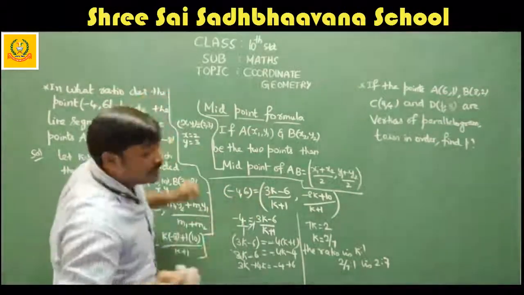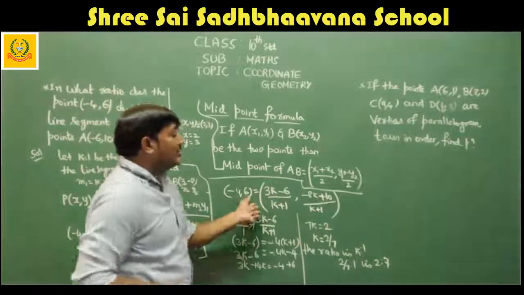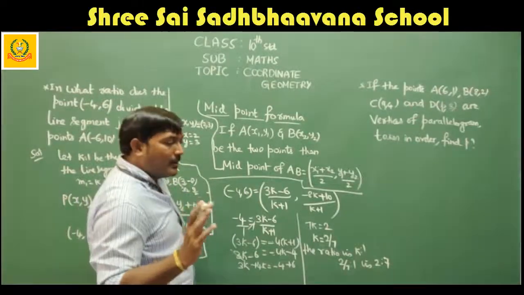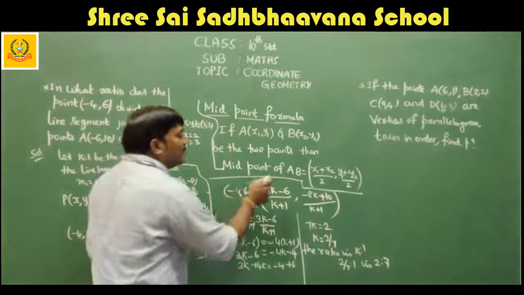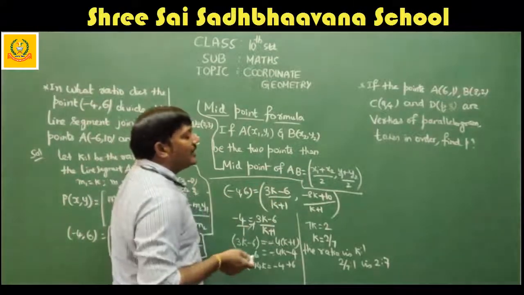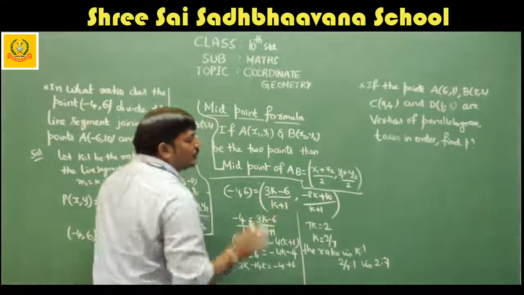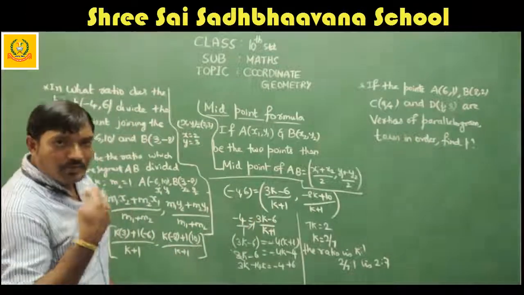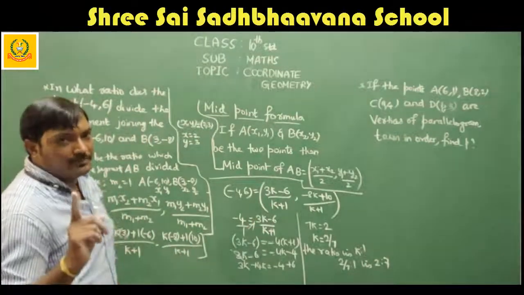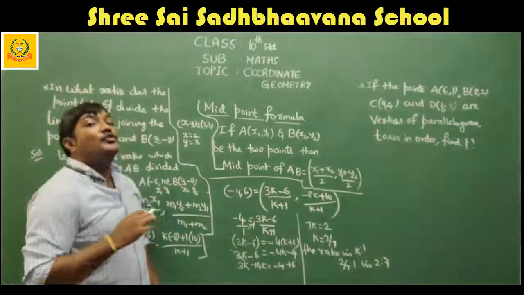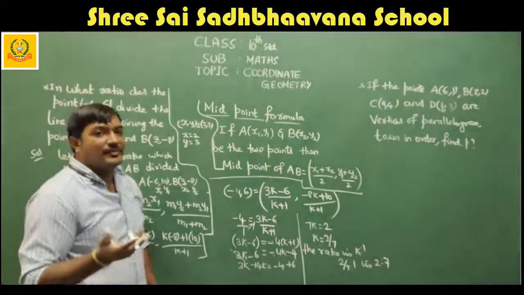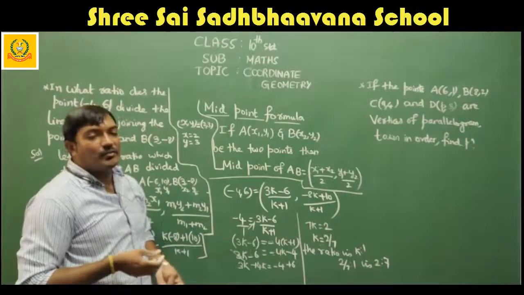And you may get a doubt, why can't you equate the other one? You can. Remember, you will get the same answer. If you equate 6 is equal to -8k plus 10 divided by k plus 1, you will also get 2:7 as the answer. You will get the same ratio. So do any one. I always prefer you to choose the easiest one for simplification instead of going with the difficult ones.